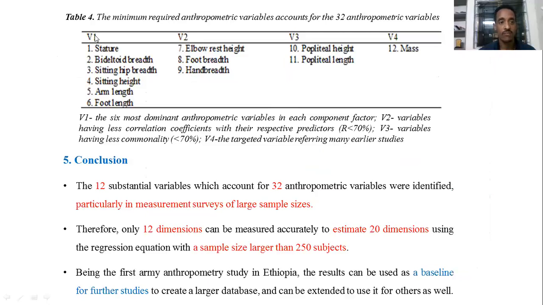Here V1 is the predictors, V2 is the variables having less correlation coefficient, V3 is the variables having less communality, and V4 is the mass, which is a targeted variable. So in conclusion, 12 sub variables account for the 32 anthropometric variables, and can be identified when a measurement survey of large sample size is required.